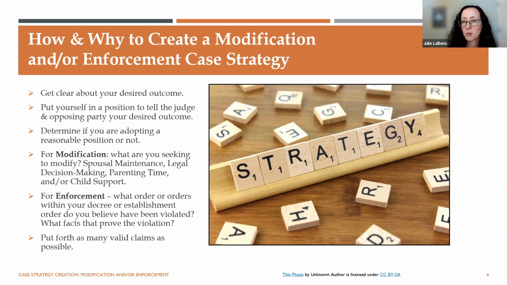And with enforcement, if you've got just one violation and it isn't something that is hugely serious and endangering to the child or something like that, then to make your case stronger, it can be a good idea to have 2, 3, 4, 5 or more claims of violations of the document, in case the one you're looking to make, the other side has some wiggle room to get out of it.